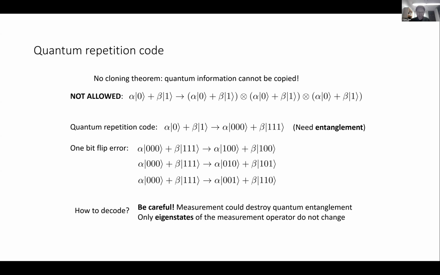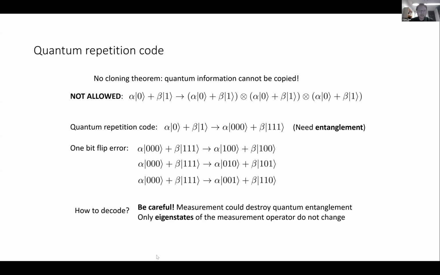Then it is either dead or alive, and you cannot change it. So one has to be careful about decoding. And the axioms of quantum mechanics tell us that only an eigenstate of the measurement operator does not change.